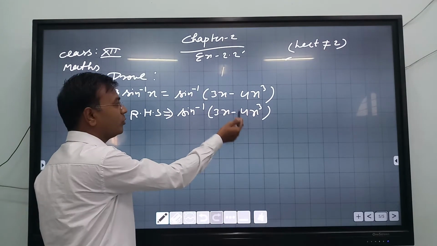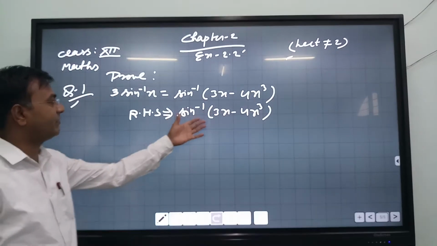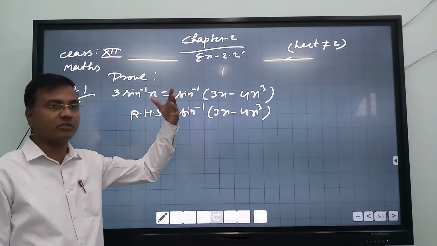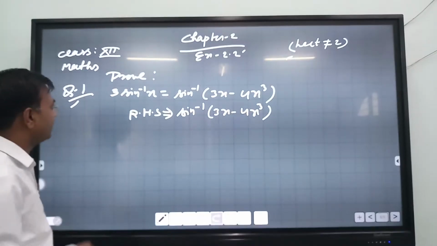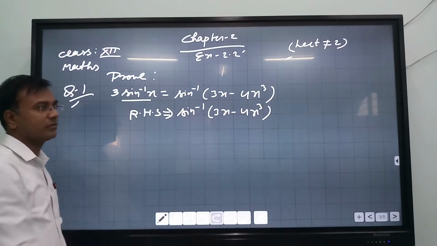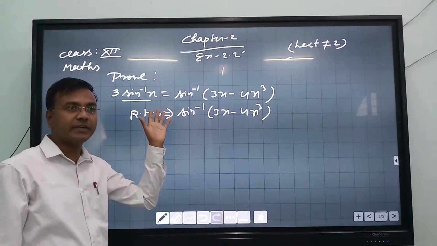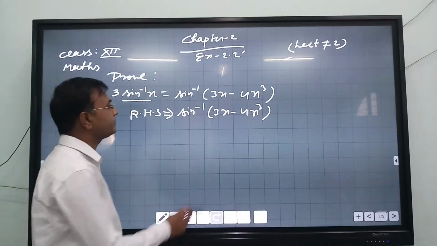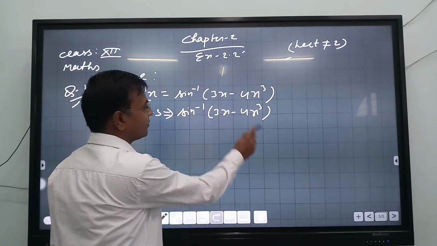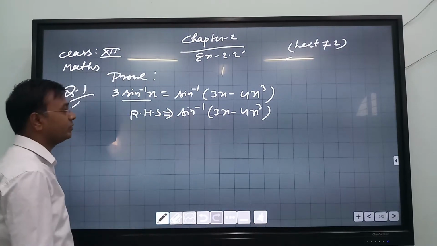There are more terms with x cube, so the relation is going to be formed here, and on the other side is only sin inverse x. So it's very easy to get the LHS from the right hand side.